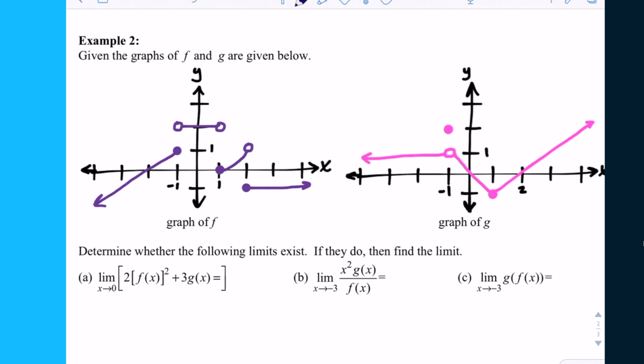So having said that, the graph of f is on the left, the graph of g is on the right. I drew these myself, so everything that you're expected to pull off there is going to be a nice integer. So go ahead and see if you can figure out A on your own. And don't necessarily rewrite the properties of limits unless you feel just more comfortable doing that. That's fine.